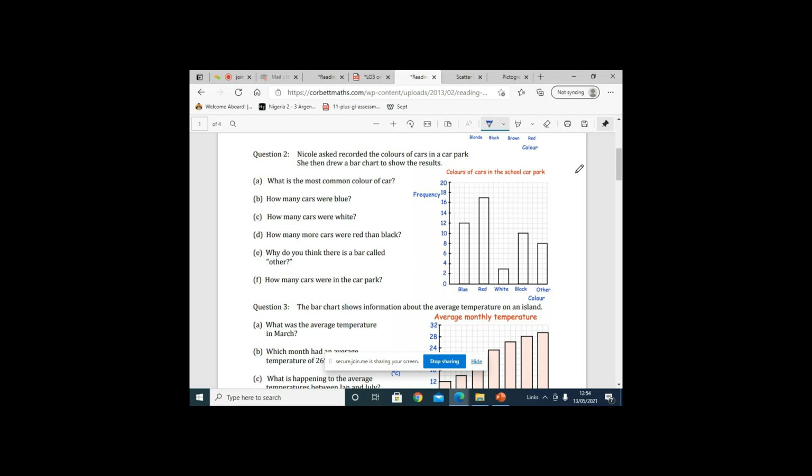How many cars were in the car park? You have to add them all together. Quickly do it, please. 16, 10, 3, 10, and 8. So it's 49.